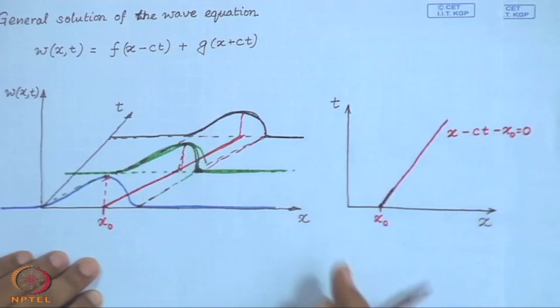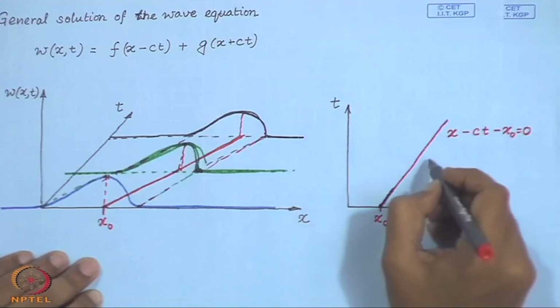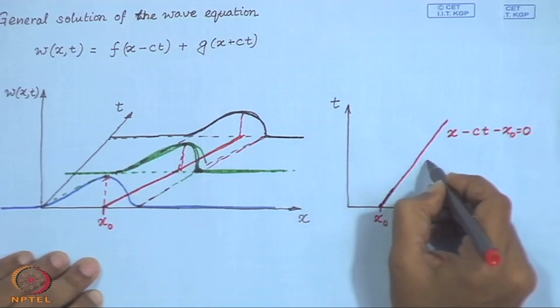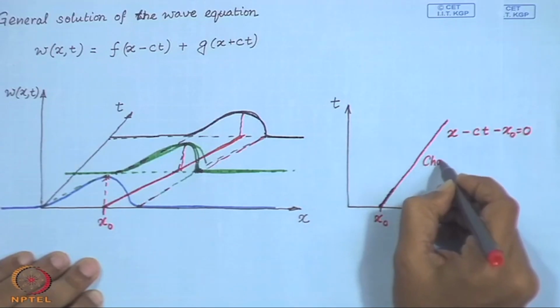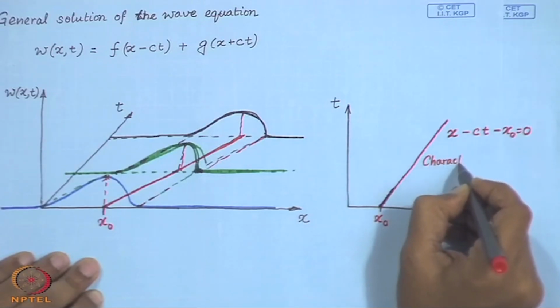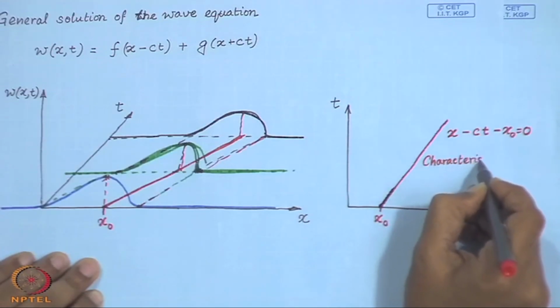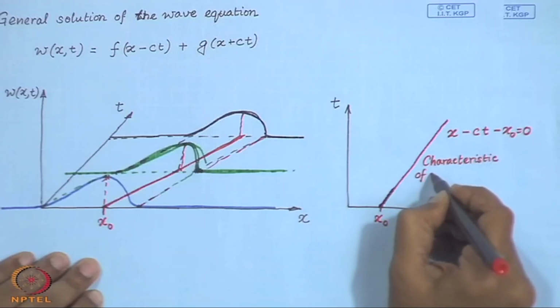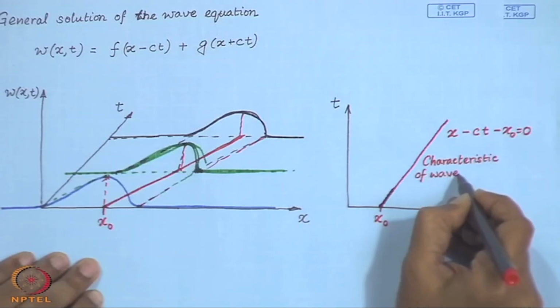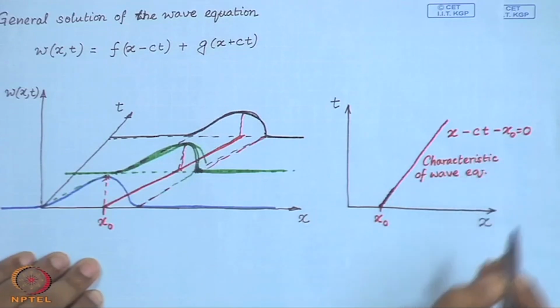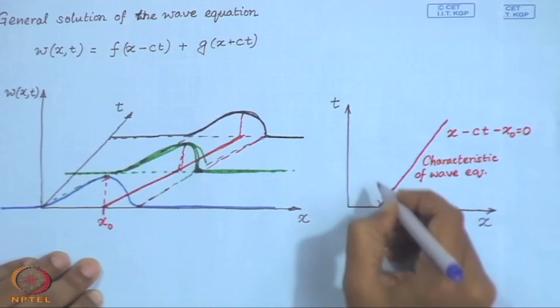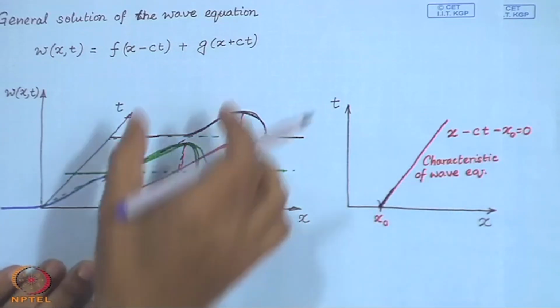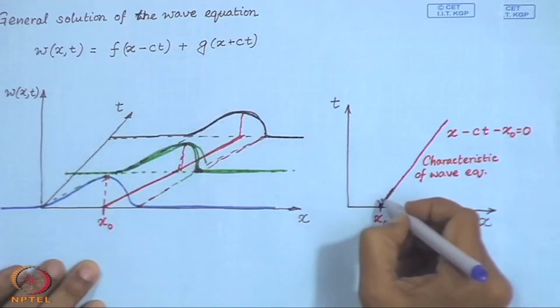So, this line is known as the characteristic of the wave equation. Similarly, it will have another characteristic for the negative travelling wave.